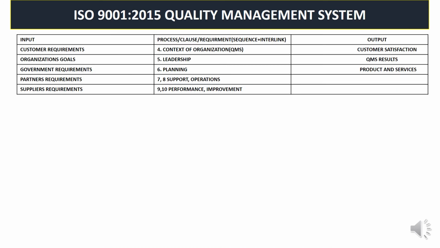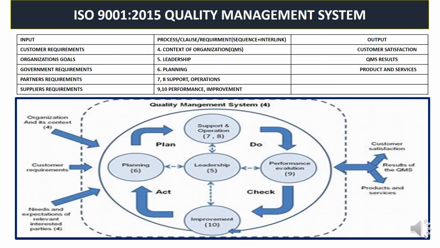Let us see in detail how this works. So input, we've seen that inputs are customer requirements, organization's goals, government requirements, partners' requirements, or suppliers' requirements. Once you read the standard, you will understand that this input comes from clause number 4.